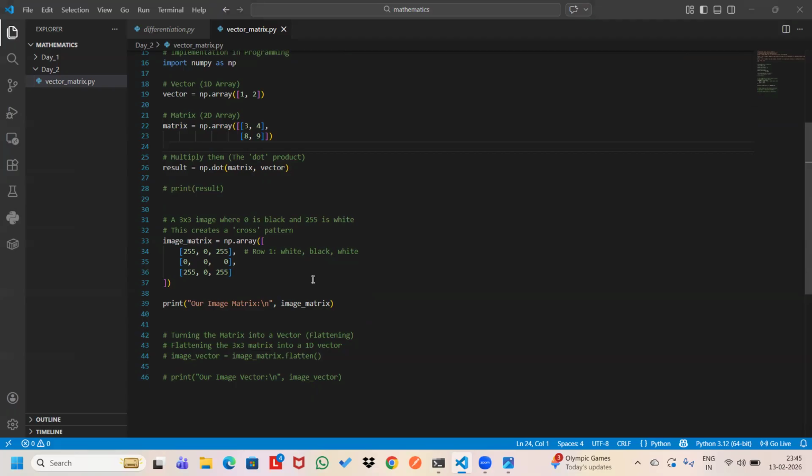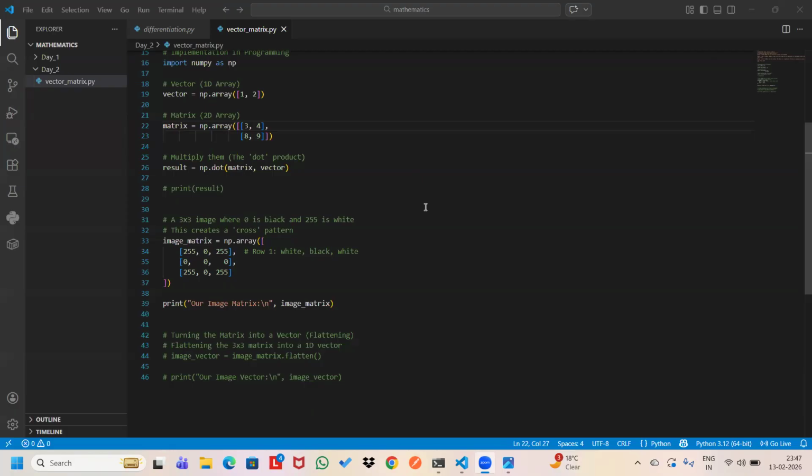Now let me talk about flattening. In machine learning, most basic models can't read a 2D grid directly.